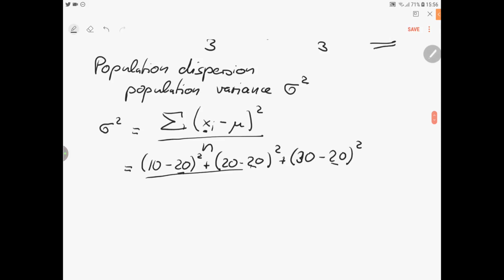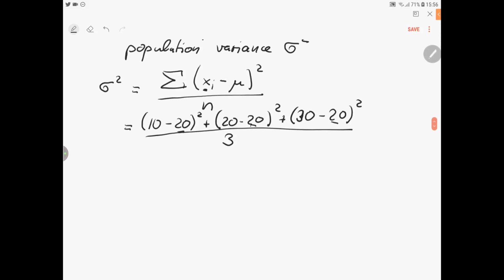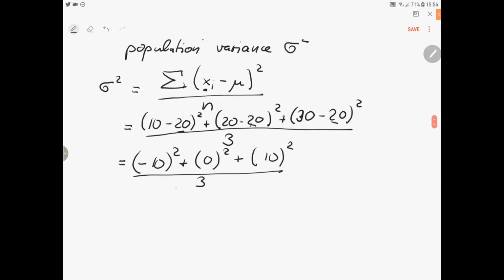And then, of course, we divide by 3, that's the number of our observations. And let's quickly do the calculation for that. 10 minus 20 is negative 10 to the power of 2, plus 20 minus 20, that's 0 squared, plus 30 minus 20, that is 10 squared, divided by 3.